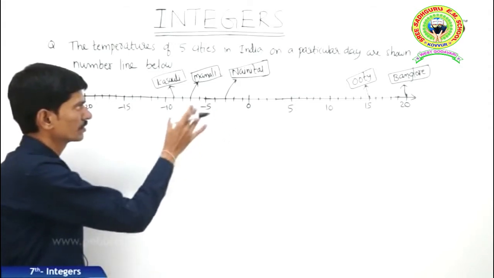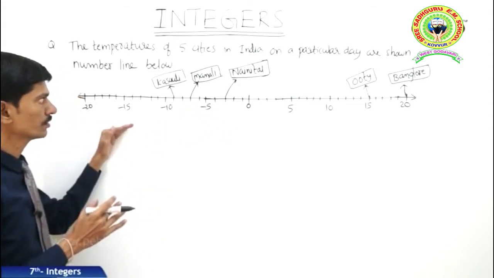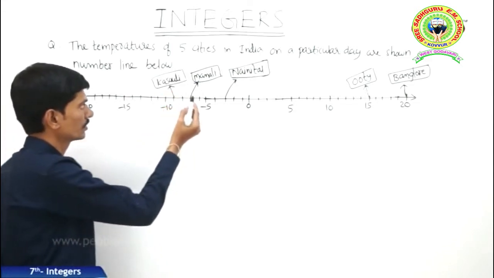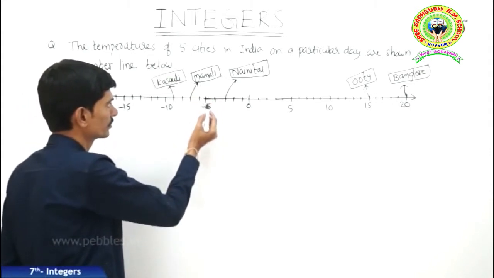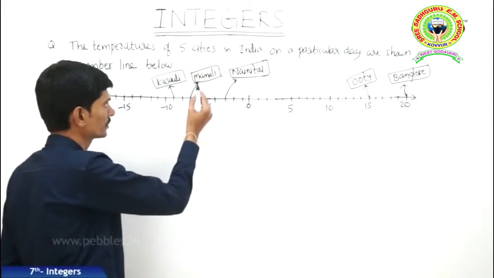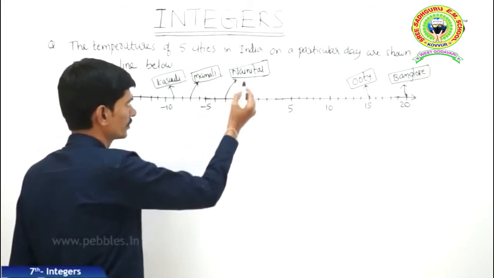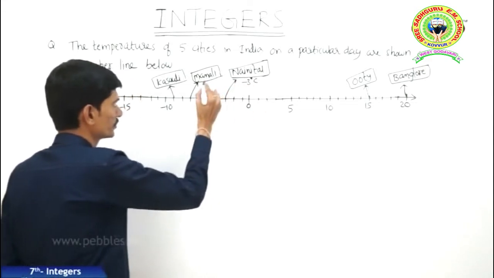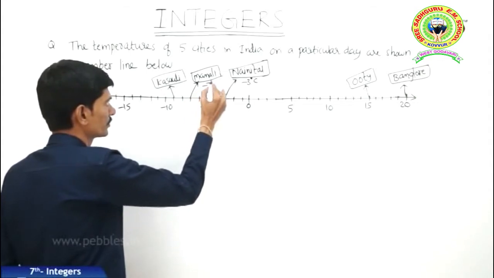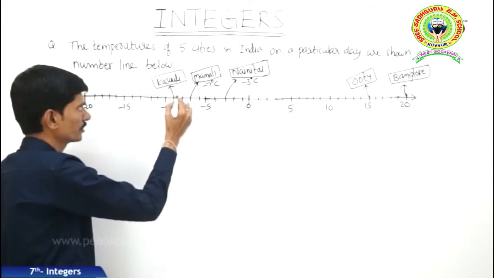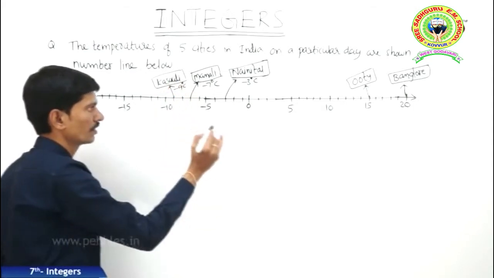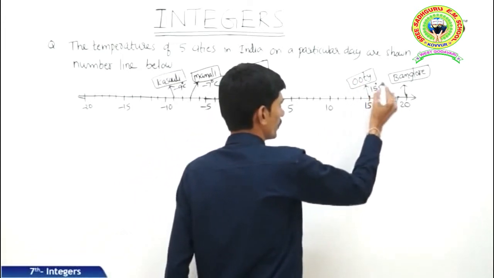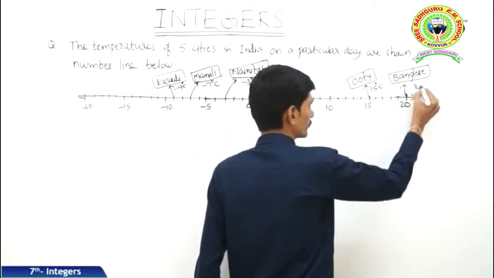The temperature of Kasauli is -9 degrees centigrade, the temperature of Manali is -7 degrees centigrade, the temperature of Nainital is -3 degrees centigrade, the temperature of Ooty is 15 degrees centigrade, and the temperature of Bangalore is 20 degrees centigrade.